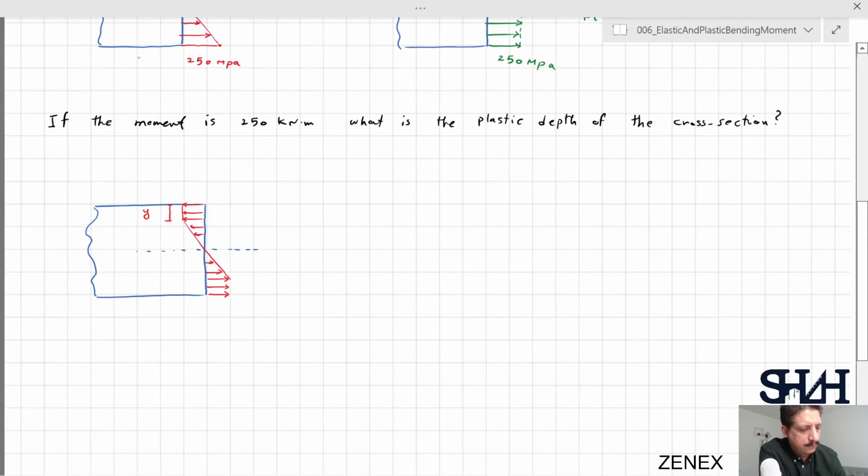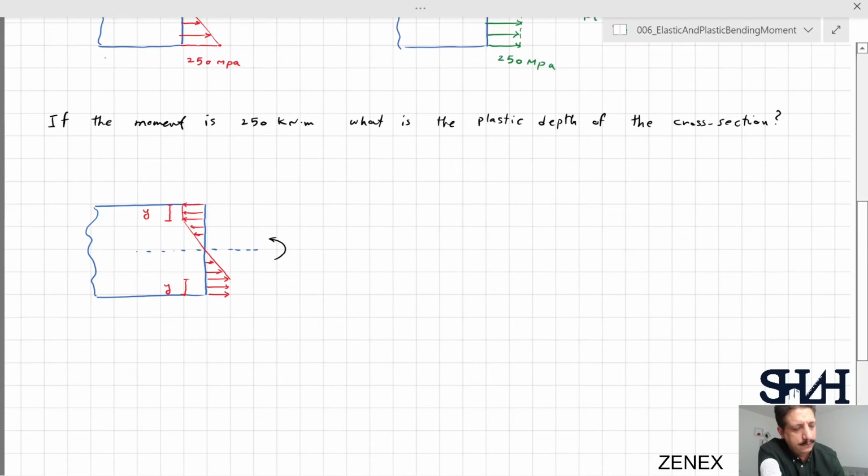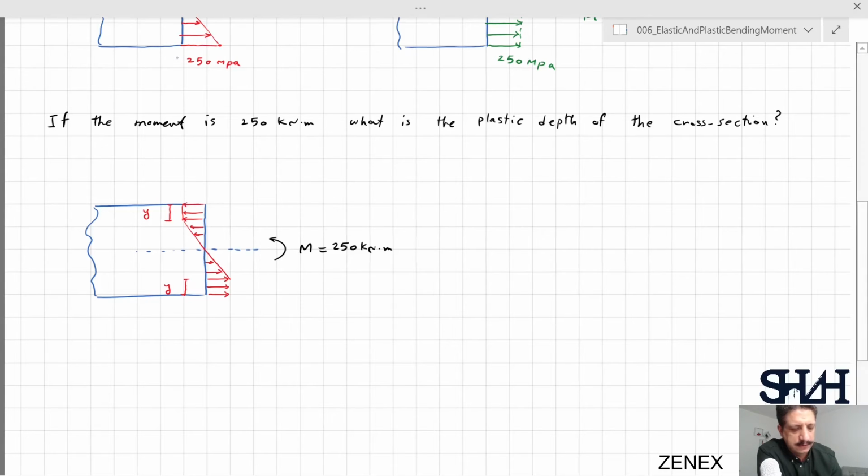And we are looking for this y height. What do we have? We know that the bending moment is now 250 kilonewton meter. The only thing is to sketch the cross section.